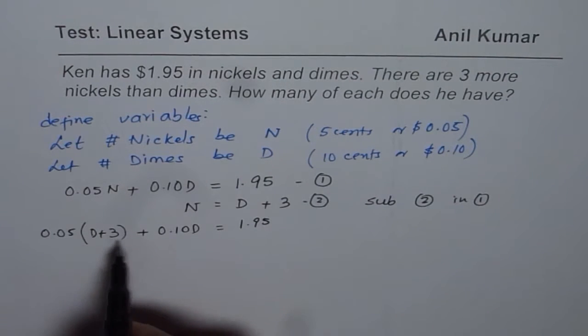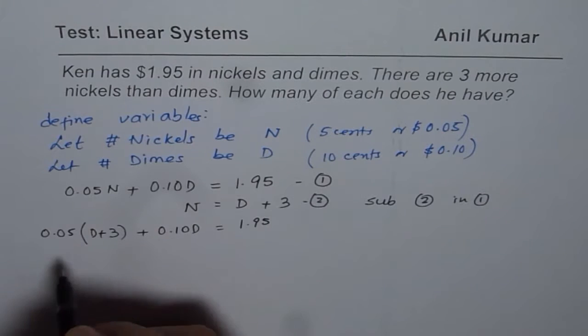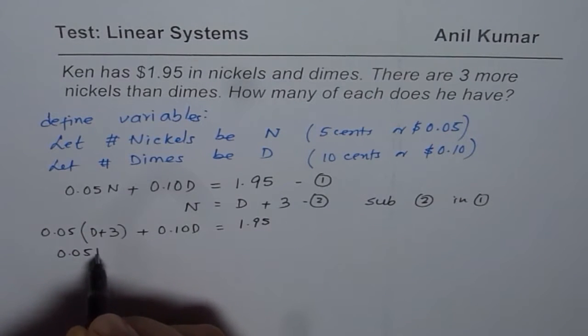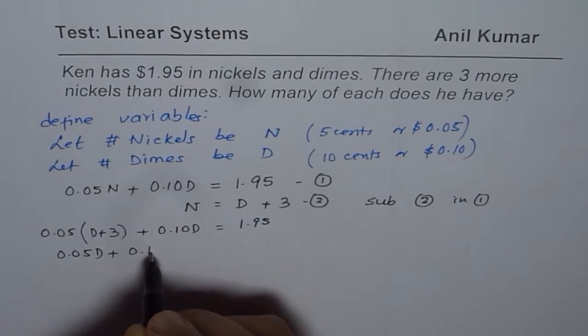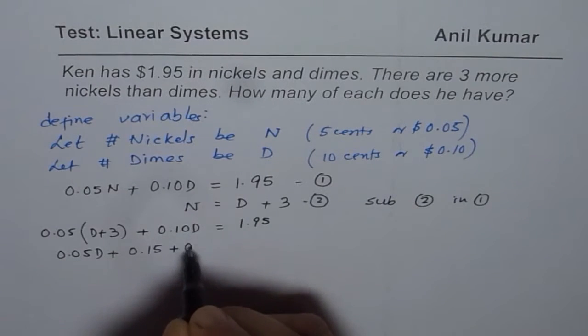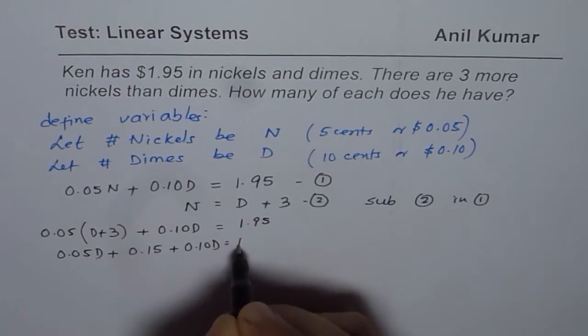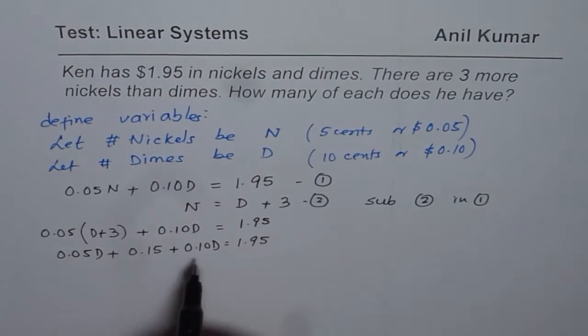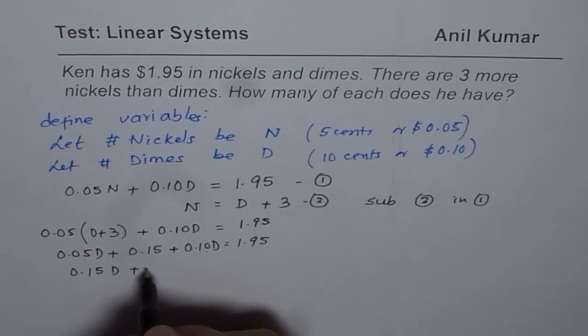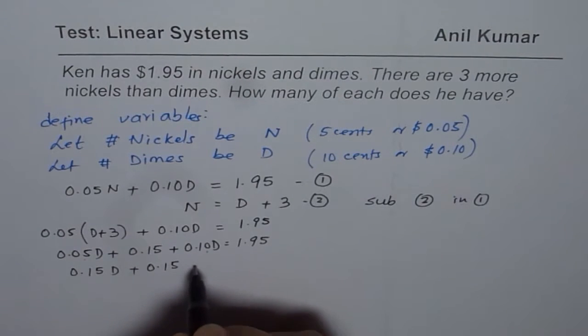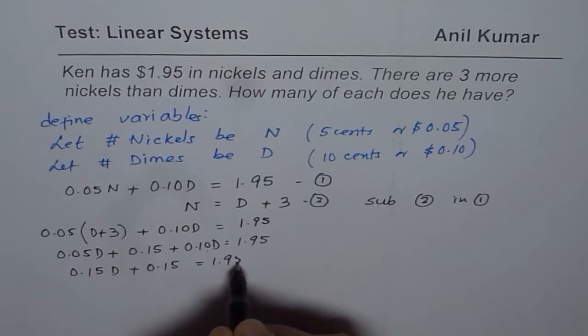Let us solve. This equation is in one variable, d, right? So we get 0.05d plus 3 times 0.05, which is 0.15, plus 0.10d equals 1.95. Add these two terms, we get 0.15d plus 0.15 is equal to 1.95.